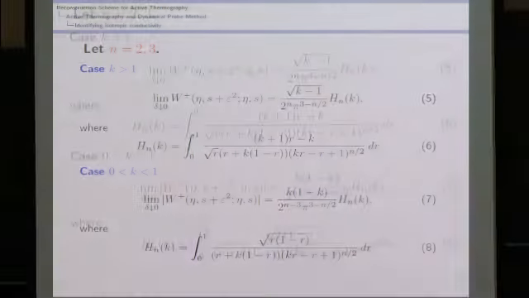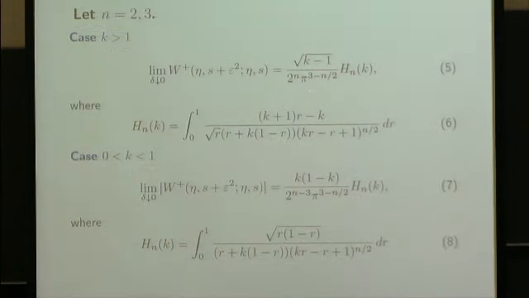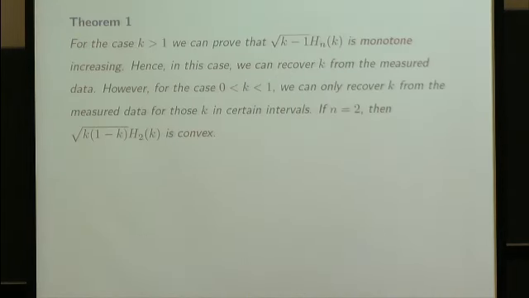Here for k larger than 1, this is just a constant, and you have this term. This term can be proved to be monotone increasing. So for k larger than 1, using this property, we can also get the k from the measured data.